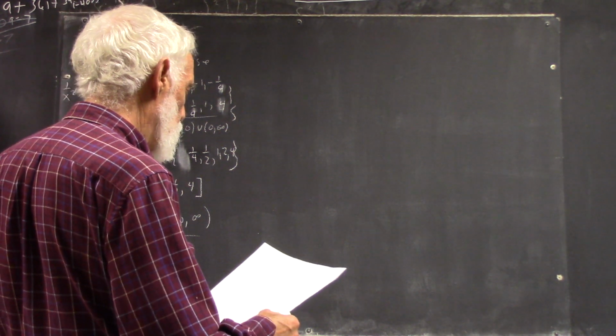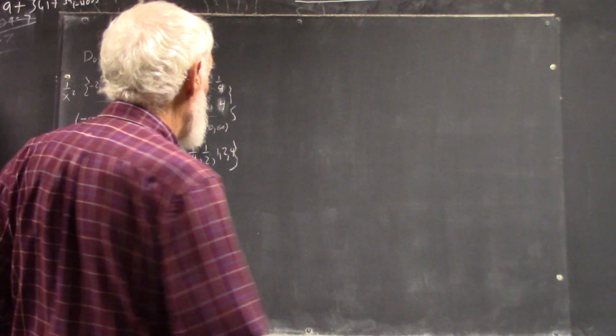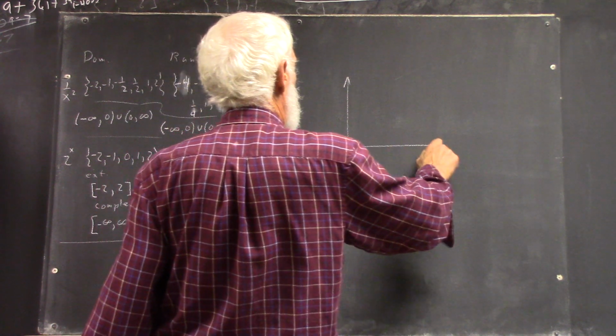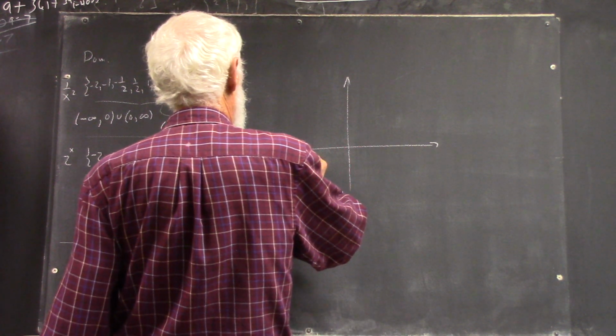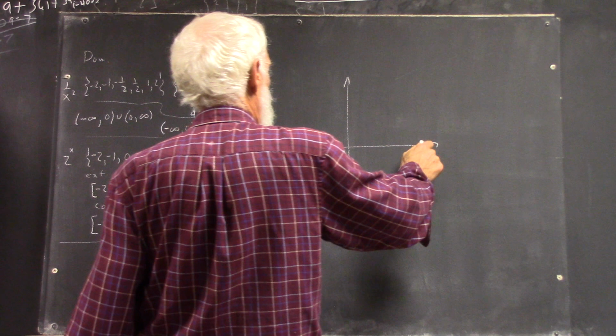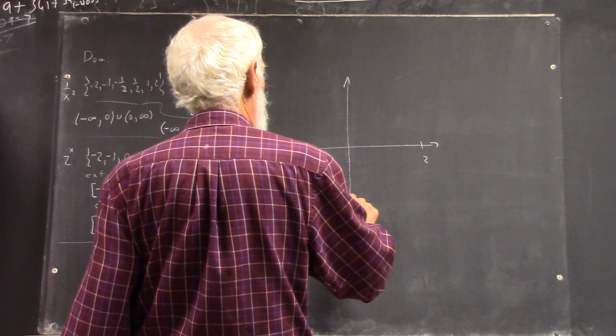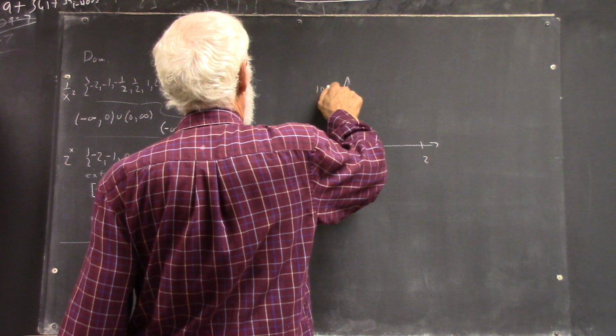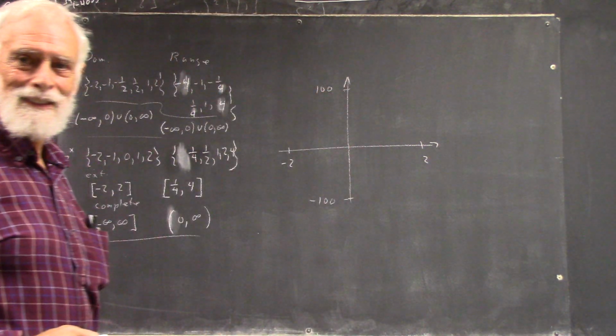Third problem, you're given a point, just a point. So let's say negative 2's here, 2's here, negative 100 here, 100 here. Okay?